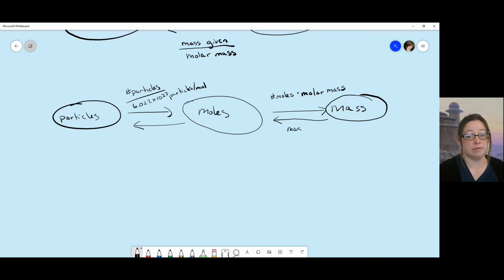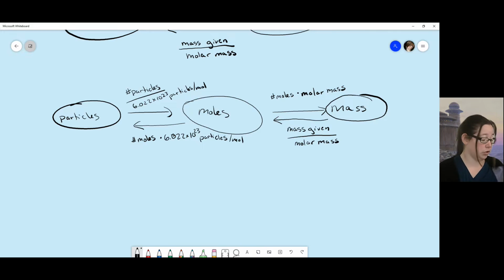We're going to do mass given divided by molar mass. And then for moles to particles, it's going to be number of moles times Avogadro's number.